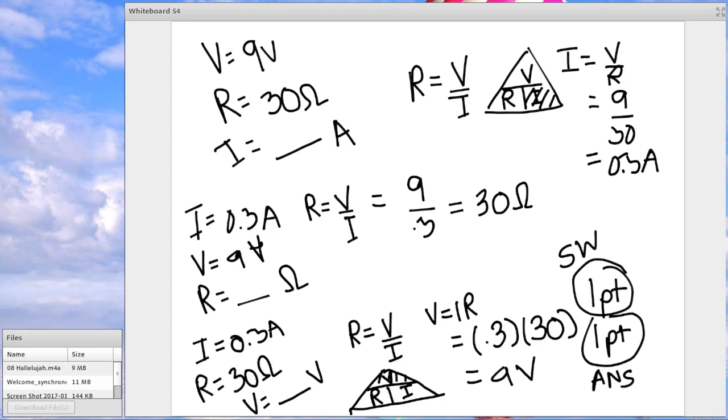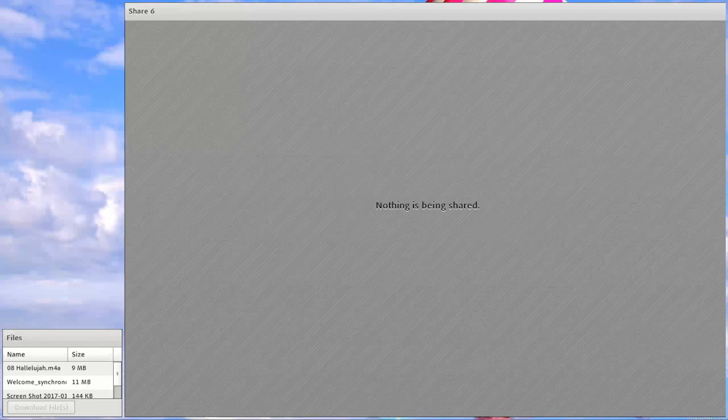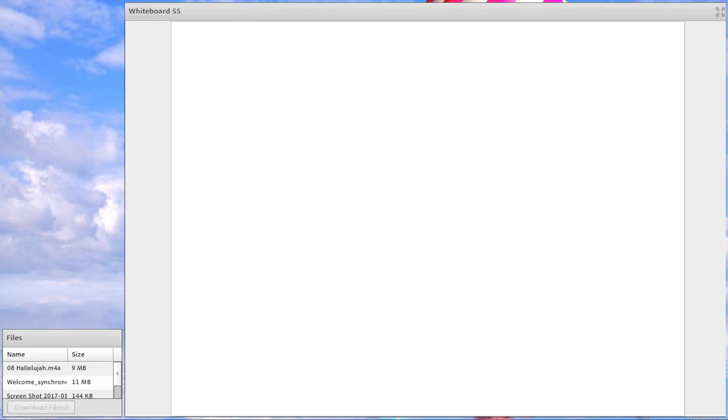Now let's try something else. Okay, now there is a power formula. It is P equals V squared over R. Okay, so let's do a problem.